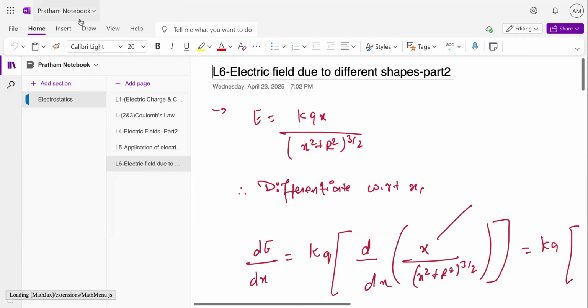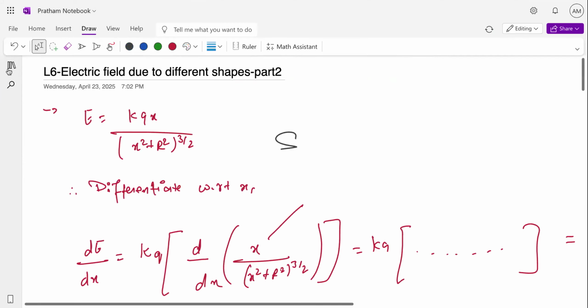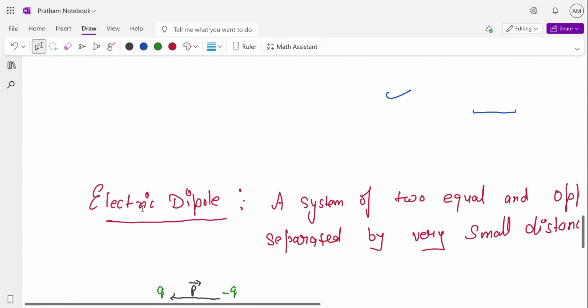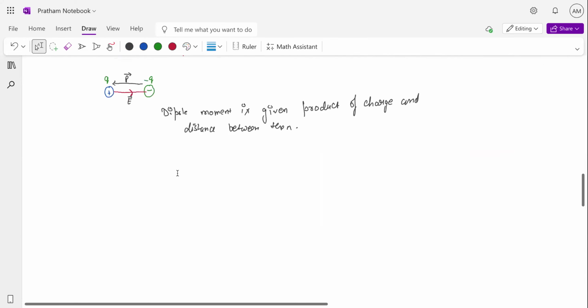I hope it should work now. Yeah, it is working. Okay. So where were we? Did I write anything? No. Okay. So what is dipole moment? Let's not write it in vector form: it is equal to q, the magnitude of charge, into distance. Is that clear?